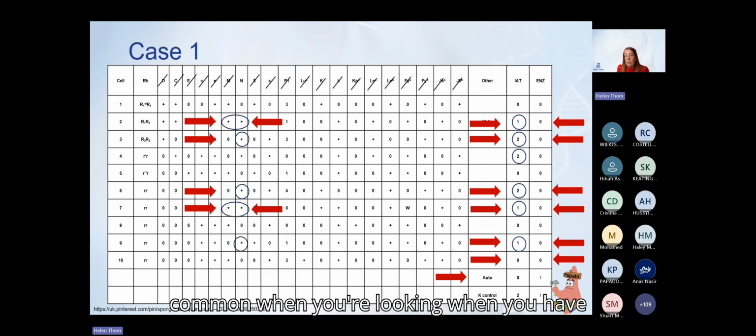And this is quite common when you have anti-N, because we looked at M the last time. They're in the same family and they behave in a very similar way. Another thing to think about is when we're discussing the tools.